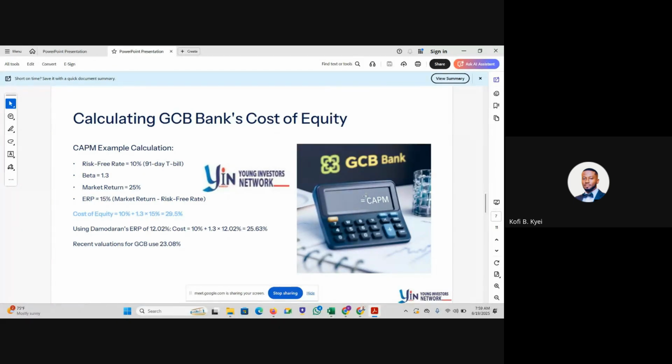Another team is getting 45. Another one is getting 30 something. So you can't just jump to conclusions and say you are wrong. It's the approach, how you go about it, and the assumptions that you use. It has to make sense. It has to make meaning. So in this example, the cost of equity came up to 25.63.